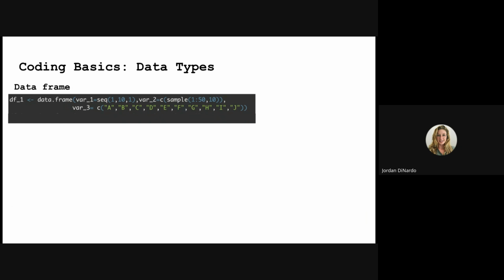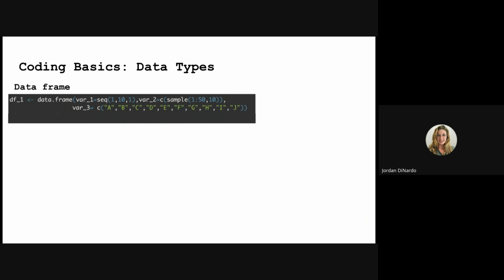Okay, and then finally, data frames. One way in which you can create a data frame is using the function data.frame. We're creating a data frame here called df_1, and we're making 3 columns, var1, var2, and var3. And each one represents what we saw earlier when creating vectors.